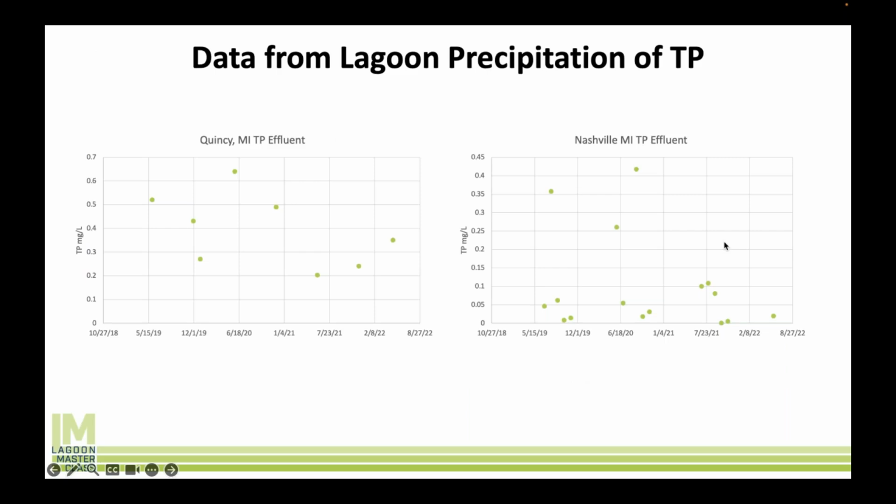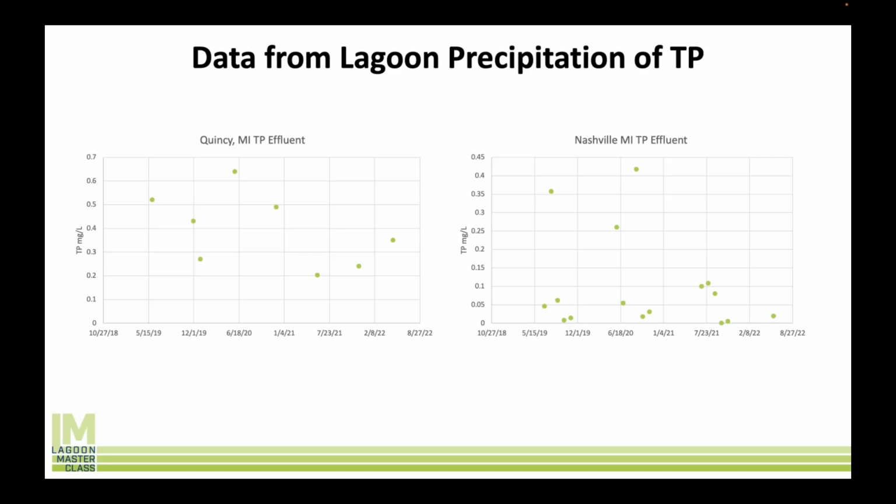From what we've seen from a data perspective at some of these sites in Michigan, we're able to easily see under 1 milligram per liter of total phosphorus. In this case, Quincy here, we've got 0.7, 0.6, sometimes down to 0.2, so that's excellent. In Nashville, it's way lower than that, like 0.45, and so on.